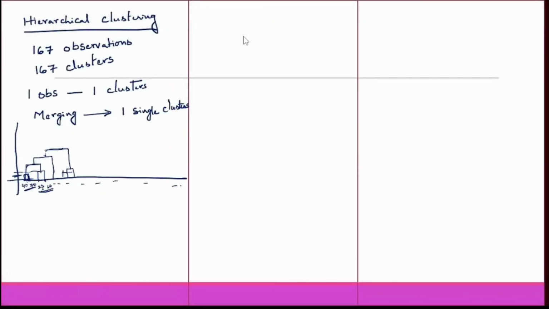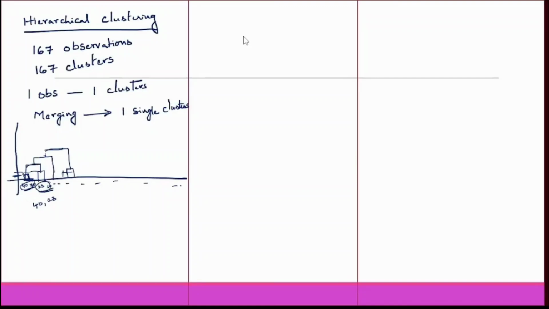Let's say now the next smallest distance is between 40 and 23. But 40 is already a part of one combined cluster. 23 is a part of another combined cluster. So what we generally say is, now 40 and 70 are typically combined, and 23 and 66 are typically combined.